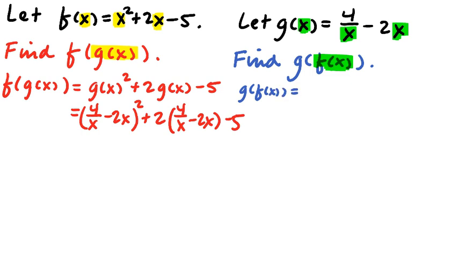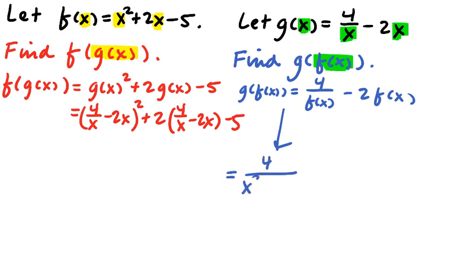So it's going to be 4 over f of x minus 2 f of x. But I have an equation for f of x. f of x is x squared plus 2x minus 5. I'm going to drop this down so I have a little more room. It's going to be 4 over x squared plus 2x minus 5, minus 2 times x squared plus 2x minus 5. And that's good enough.